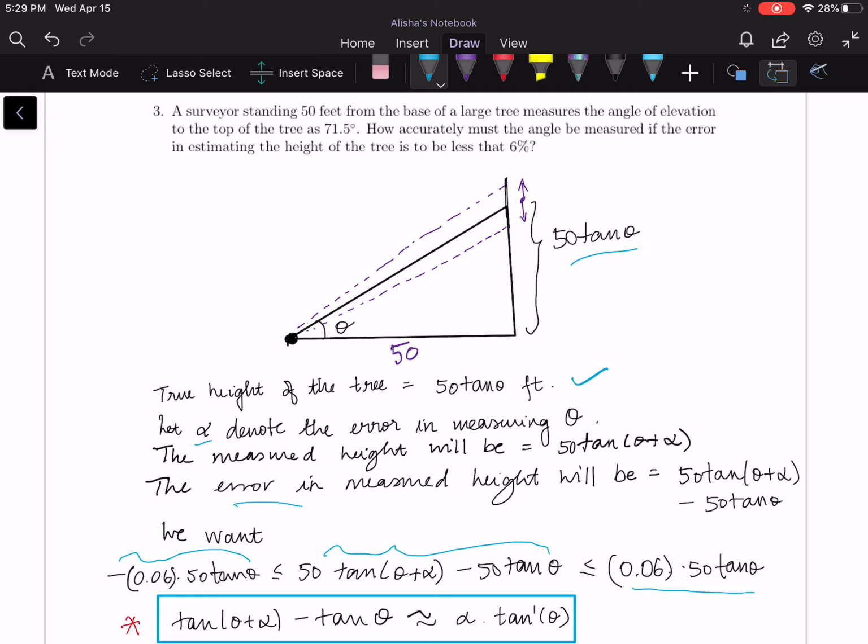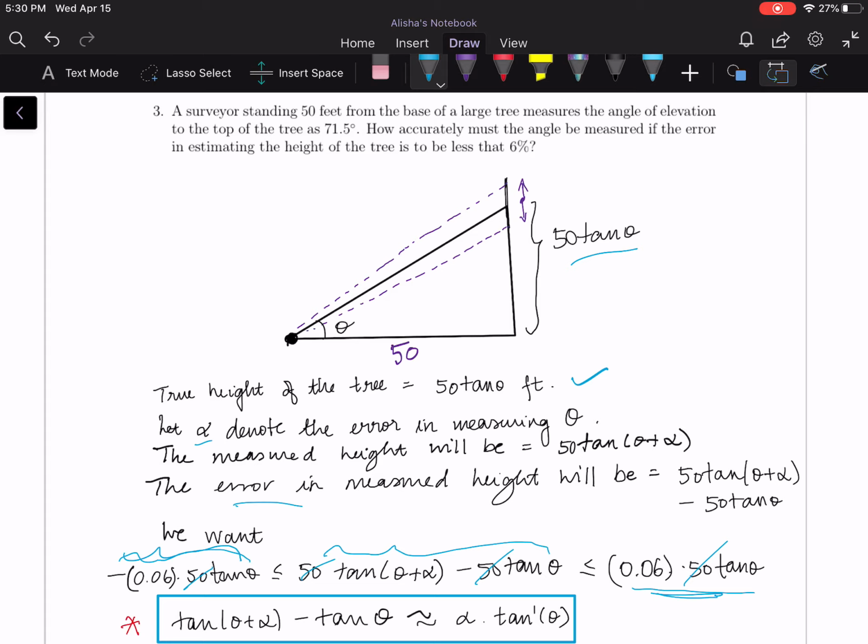So either we overestimate by 6% of the true height, or we underestimate by 6% of the true height. Think about that for a second. Okay, once you feel comfortable about this inequality, let's cancel out those 50s so it simplifies a little bit. So I'm dividing throughout by 50.